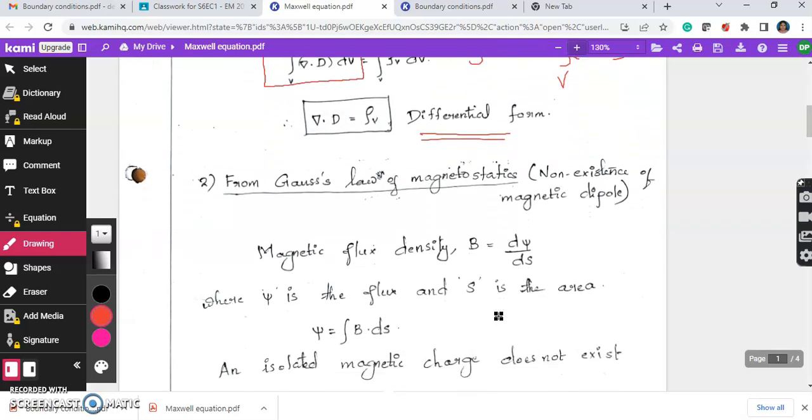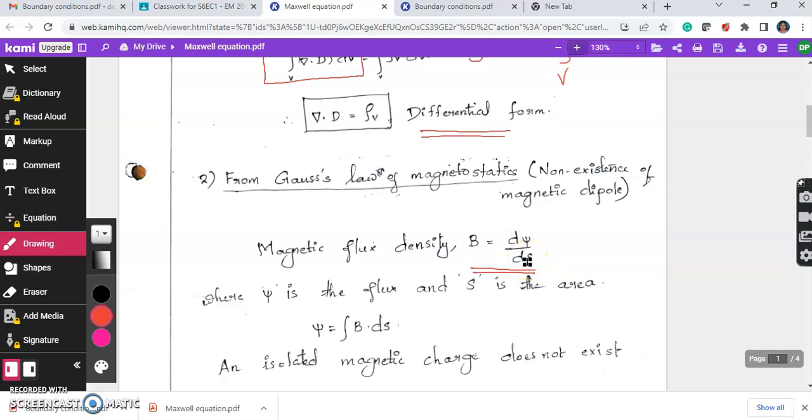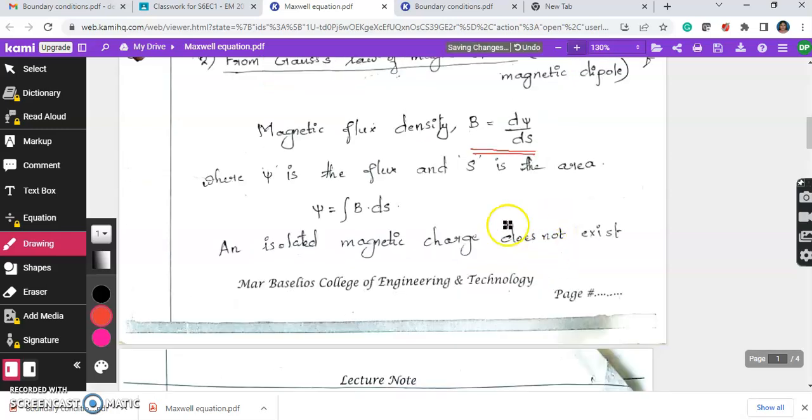Now for Gauss's law of magnetostatics, that means in a magnetic field, if you consider the magnetic flux density, B is equal to d psi by ds. That means the rate of change of flux through a unit area ds. Here also psi is the flux, and s is the area.